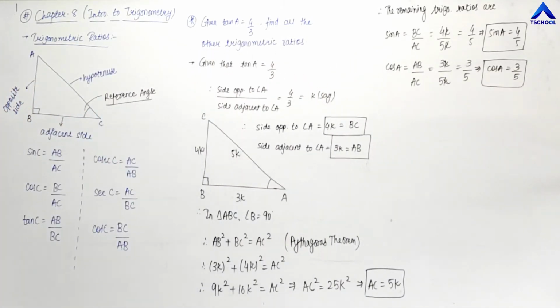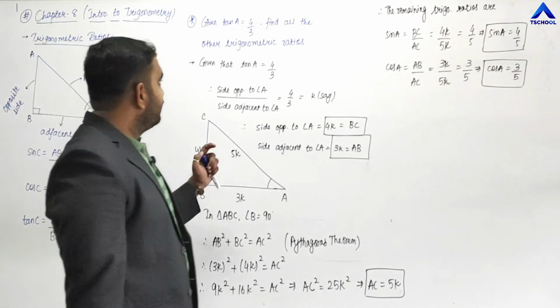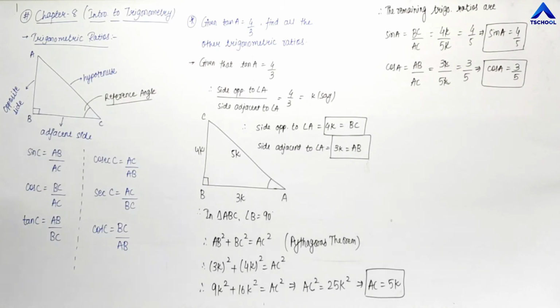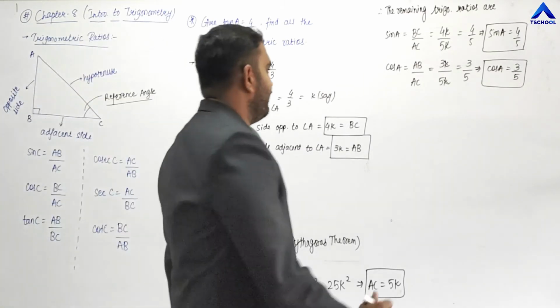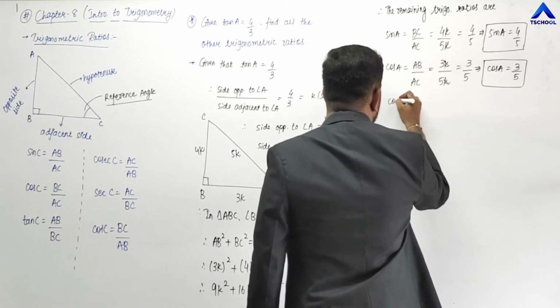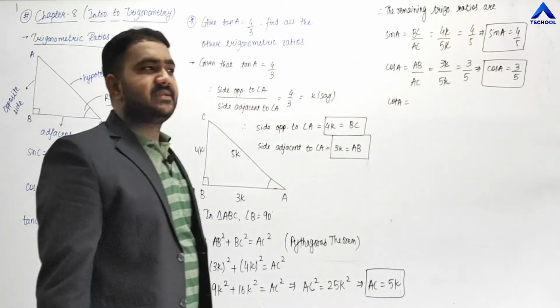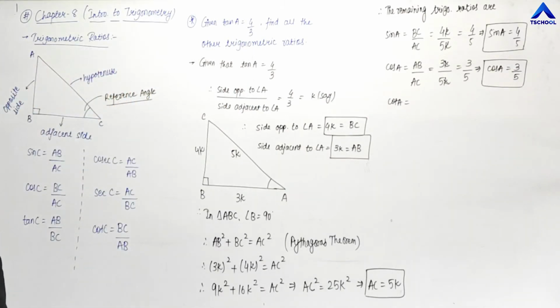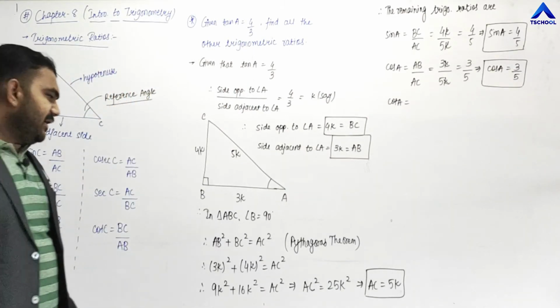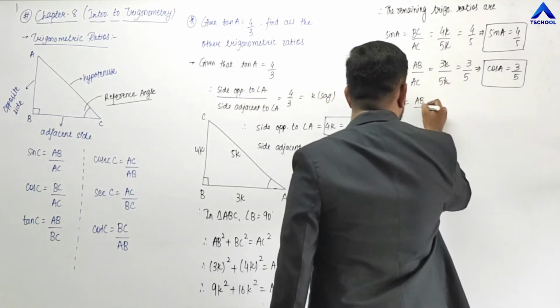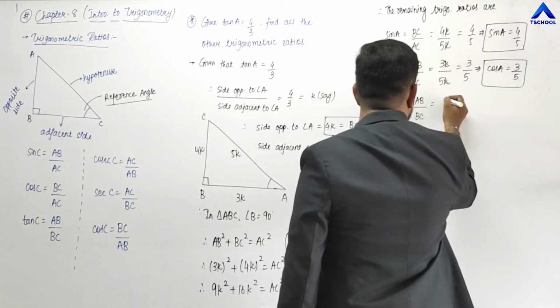Right. So similarly, we can find out the rest of the ratios also. Now the third ratio, tan A, is already given, so we are not going to find it. Similarly, finding the fourth ratio, that is cot A. Cot A, friends, is side adjacent to angle A divided by side opposite to angle A. So we will get this as AB upon BC.